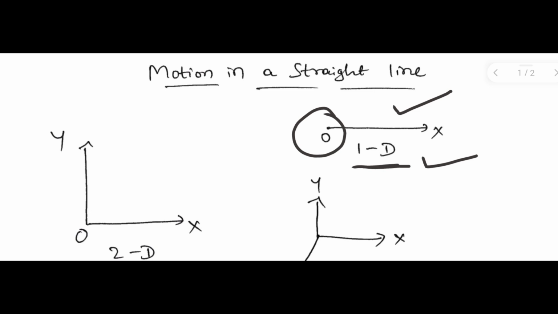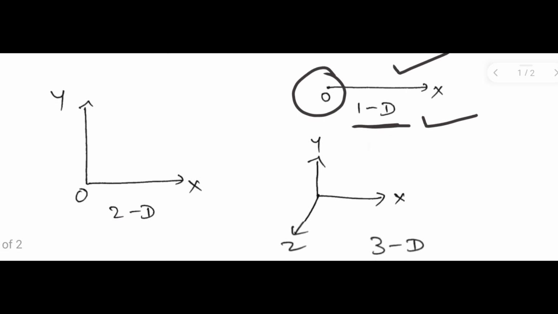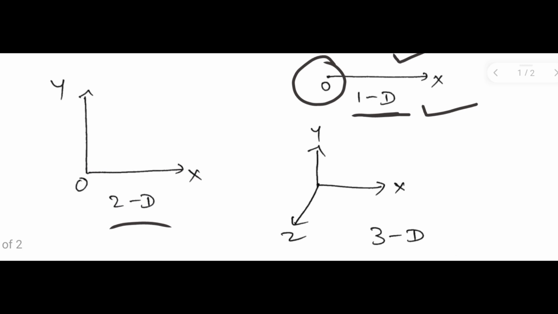For example, motion of a particle in a straight line. A car is moving in a straight line, an object is moving in a straight line. These are examples of one dimensional motion. Next, the second type of motion, that is two dimensional motion.